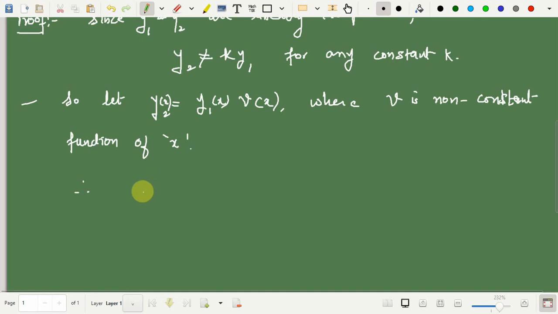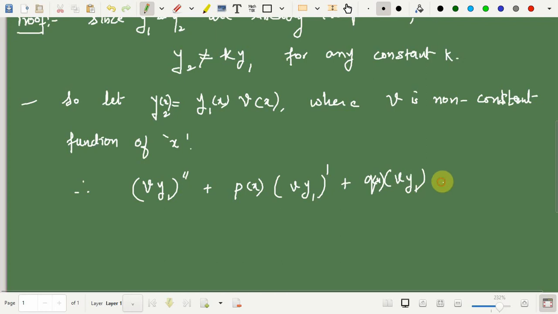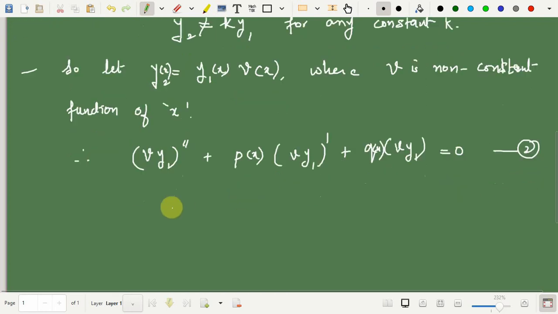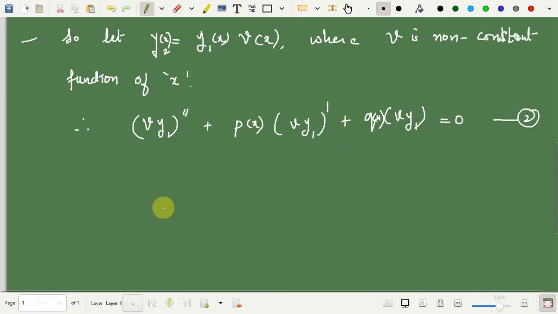So we would have that (v y1) double prime, that's your y2, plus p of x into (v y1) prime plus q of x into v y1, which is also a function of x but I'm writing it this way, equals 0. I would call this equation 2, and we will see what condition is required for v to satisfy this equation.